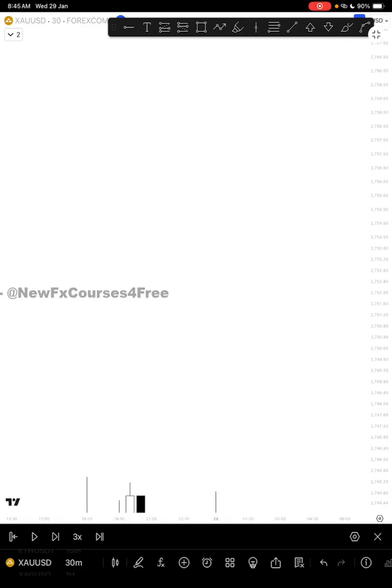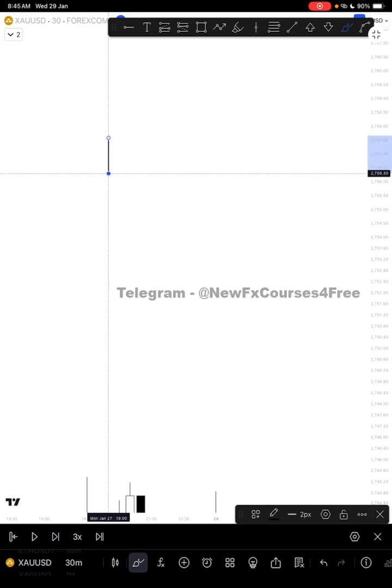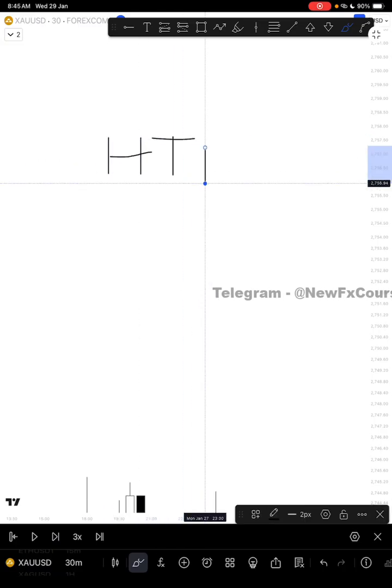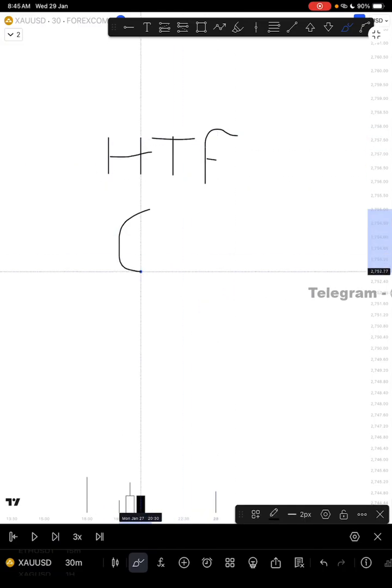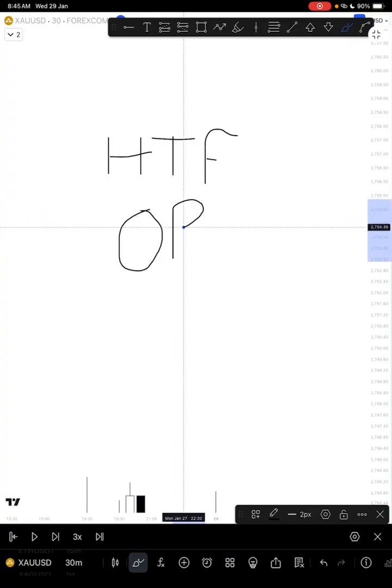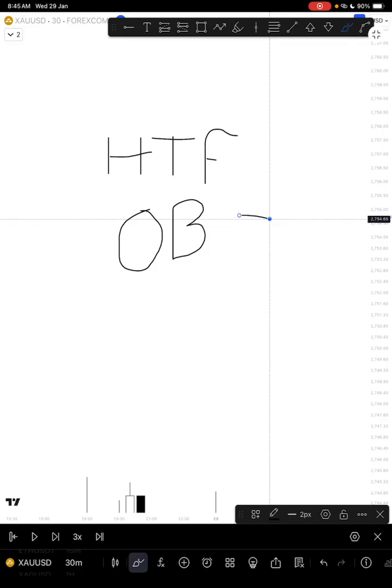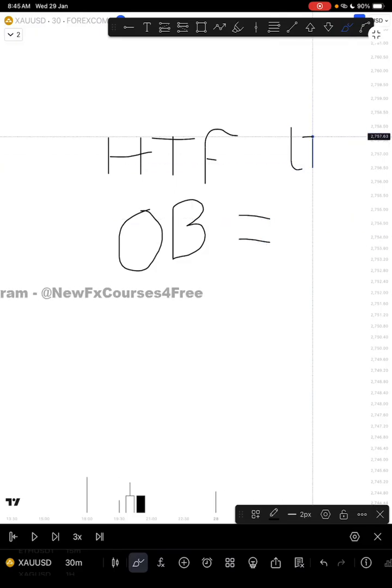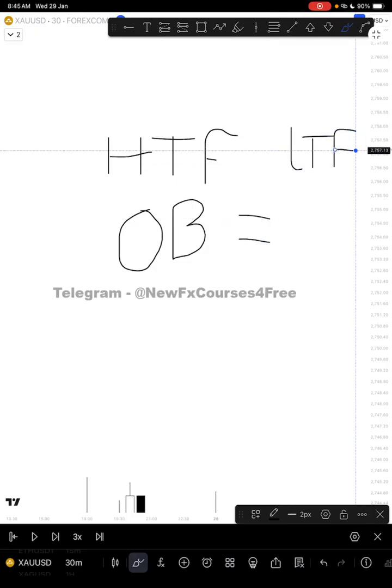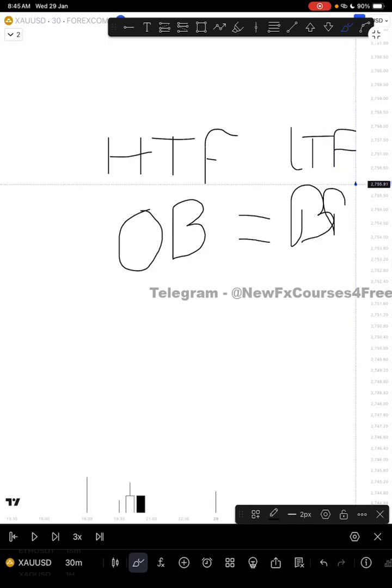Remember, a higher time frame order block is a lower time frame breaker block.